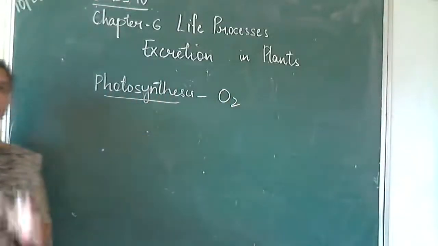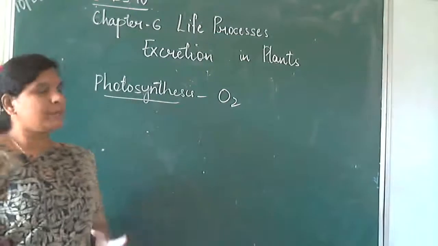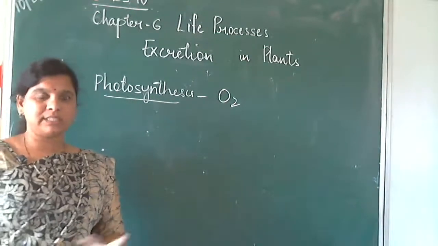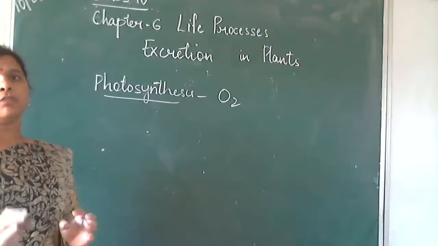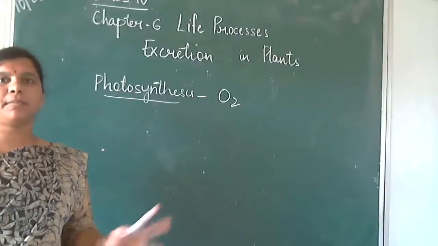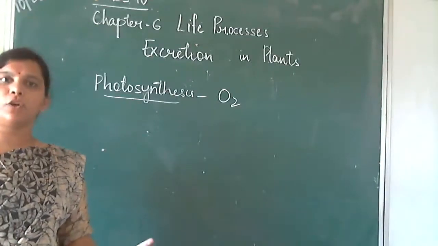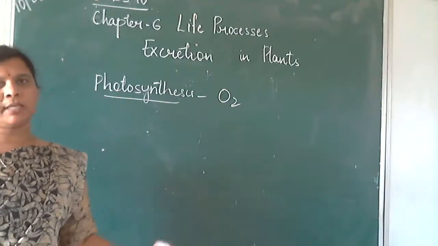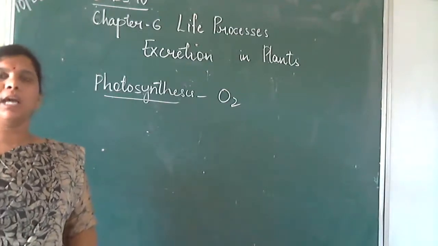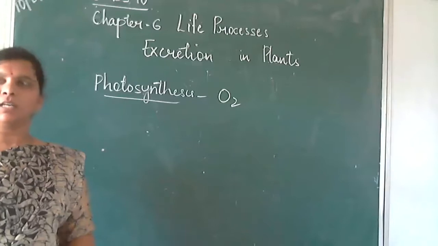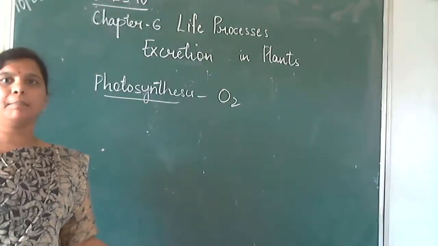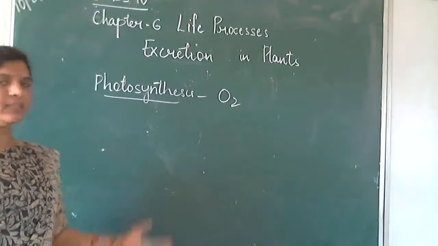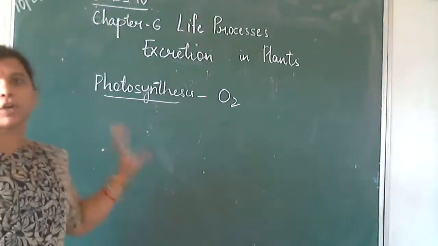And remember children, even though we say that plants perform photosynthesis, they also perform respiration. Respiration is performed irrespective of whatever the living organism is. From the minute bacteria to a large elephant or a whale, from a small plant like algae to a big bamboo plant, everything will perform respiration.